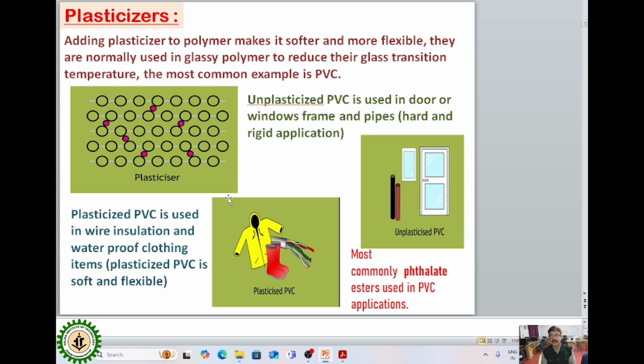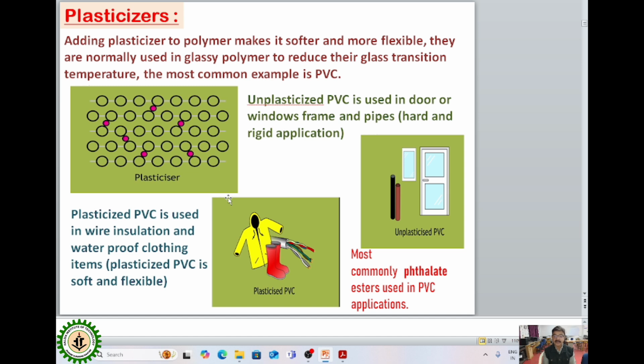So you can understand that plasticized PVC, polyvinyl chloride. Generally, polyvinyl chloride plastic is hard, but during processing, if a sufficient amount of plasticizer is incorporated with it, flexibility is induced. So plasticized PVC can be used for making waterproof clothing items.